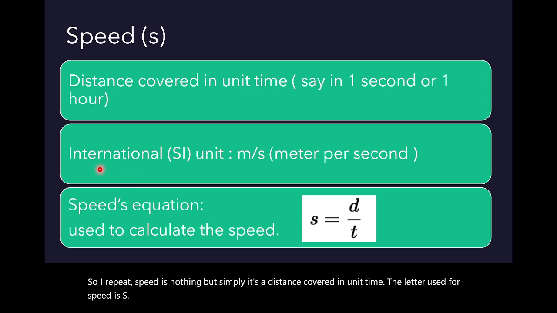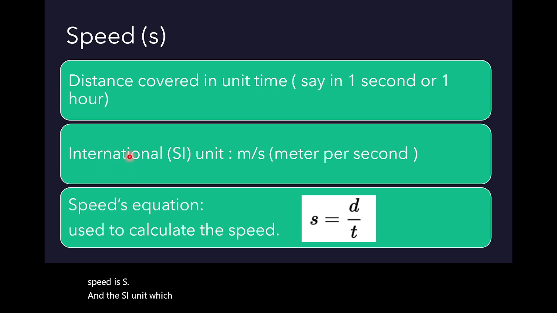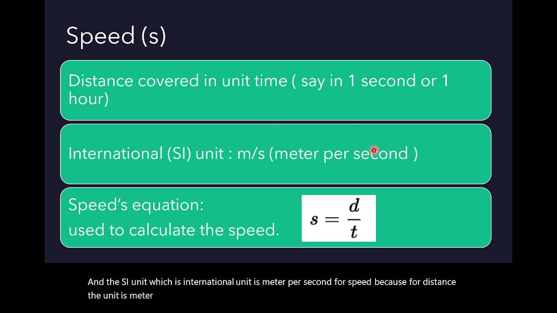and the SI unit, which is the international unit, is meter per second for speed. Because for distance the unit is meter, and for time the unit is second, so the unit of speed becomes meter per second. This slash we call "per".